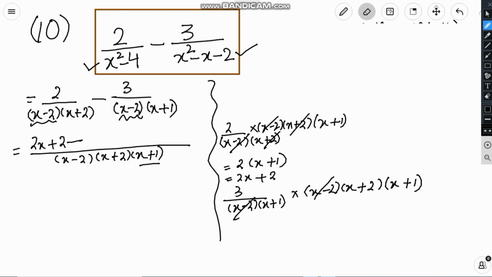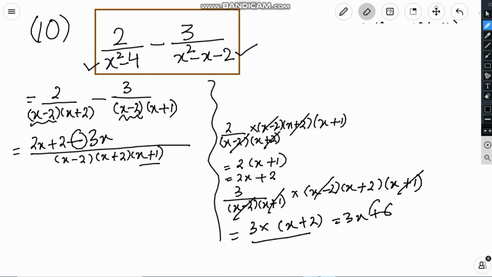You can cancel x plus 2 and x plus 1 this time. What remains here, 3 multiplied by x plus 2. Multiply these two, 3x plus 6. Just write 3x, because here it is minus, so this time the sign is changed to minus.